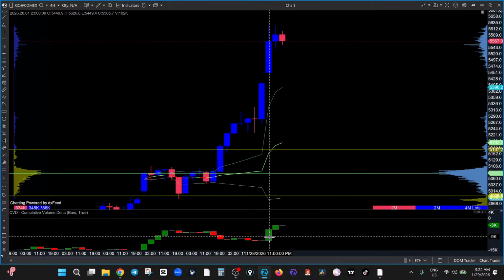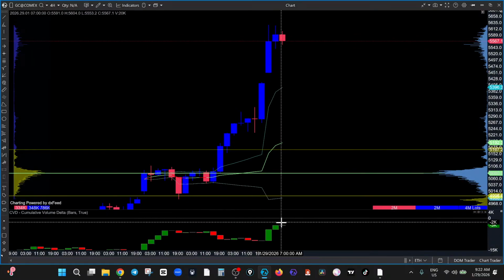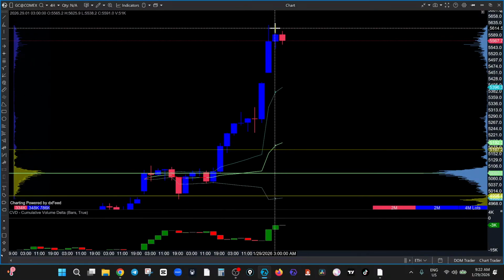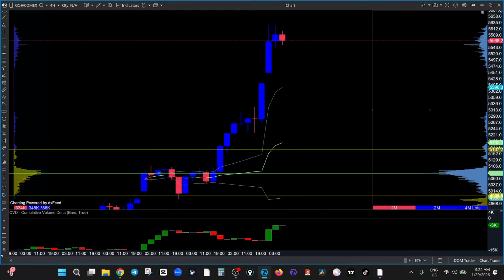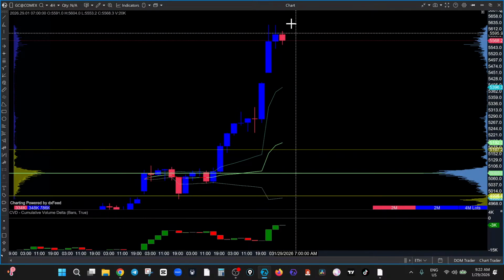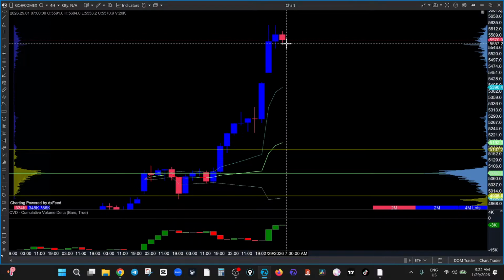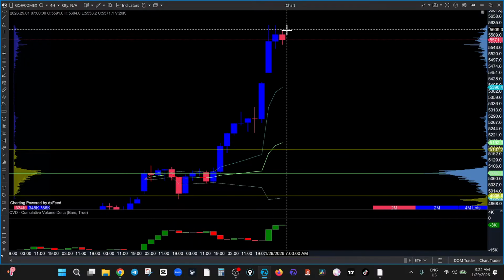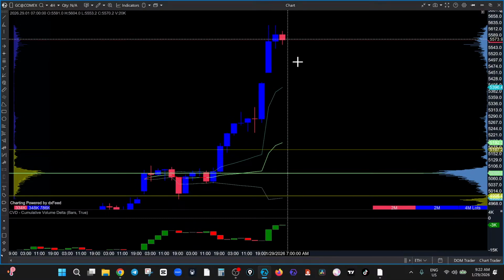Now, since the buyers are in control, but price is not even moving up, that should tell you that there's a limit order here. I'm going to put on the DOM so that you can see there's a passive order in here. Even though many people are buying into this area, there's a limit order holding this, which, if it's strong enough, will push the price down.